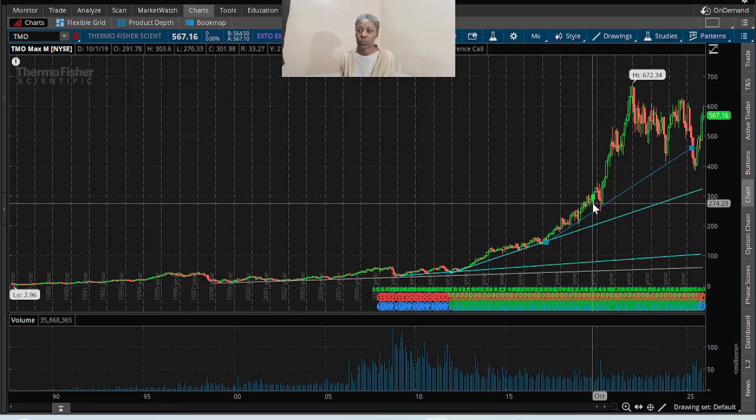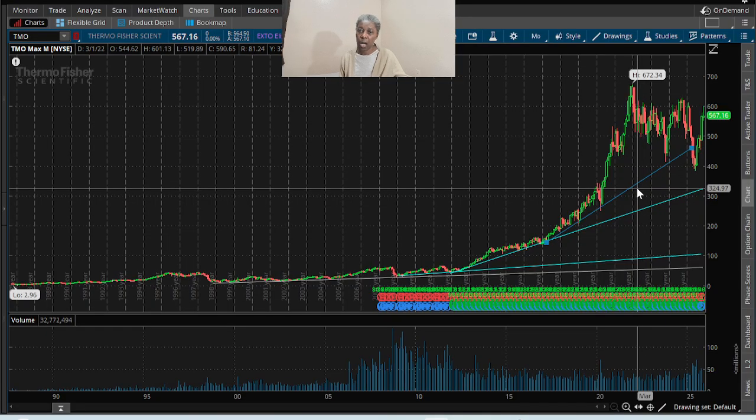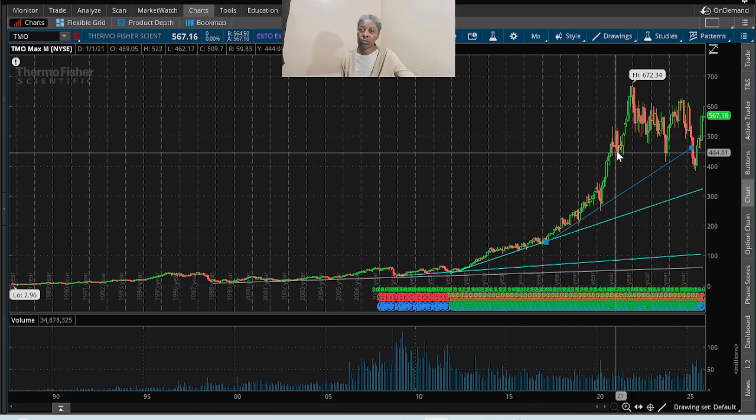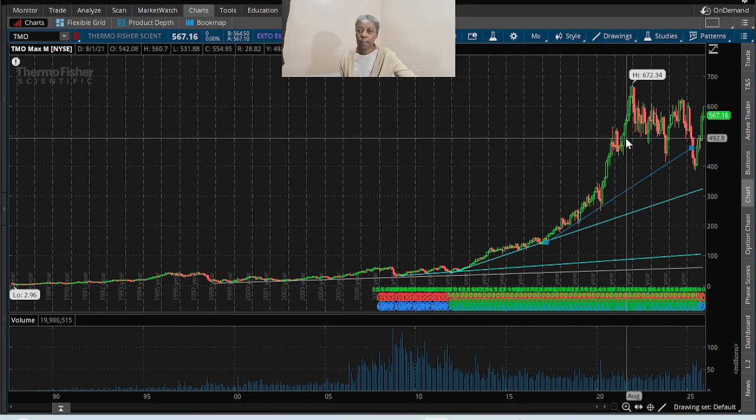It does not go too far away from this support line much. So therefore, buying it and holding on to it until you sell it might make sense.